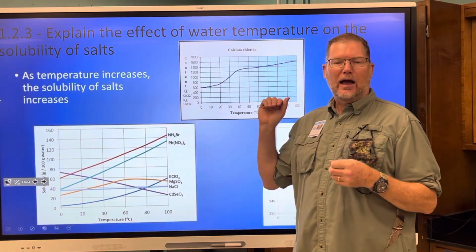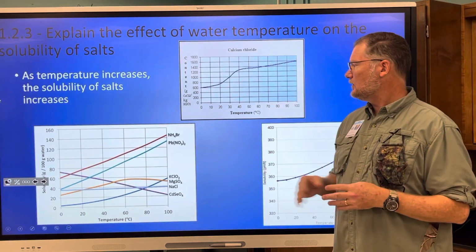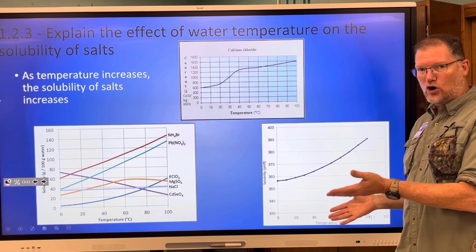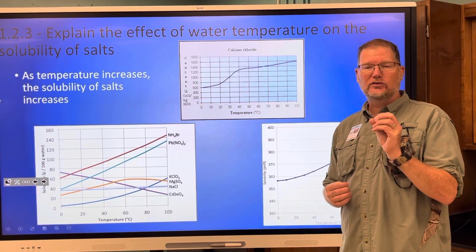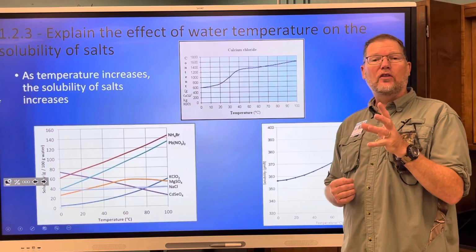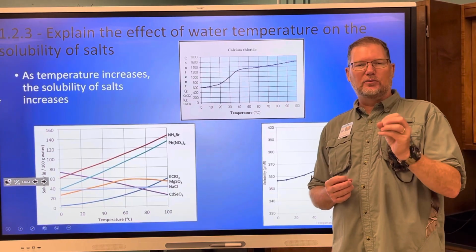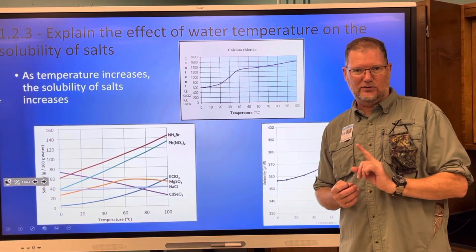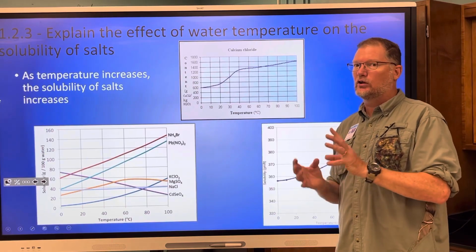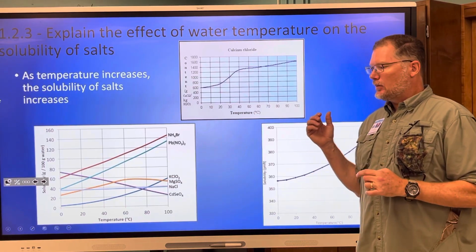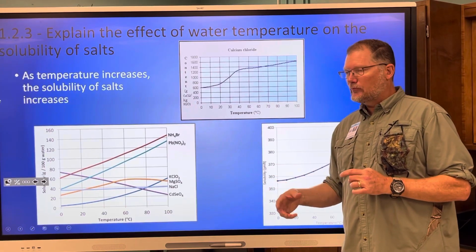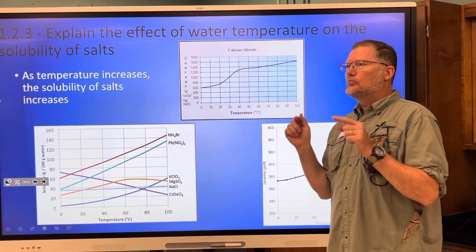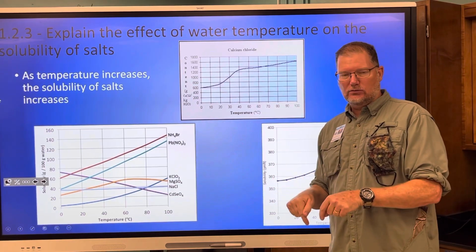And as the temperature increases, and that's what all of these charts, all these graphs are showing, the solubility of salts increases. And other dissolved substances, solid substances, okay? Solid is the key word here. Salts are solids. So if I boil water, I can add more solute in it.